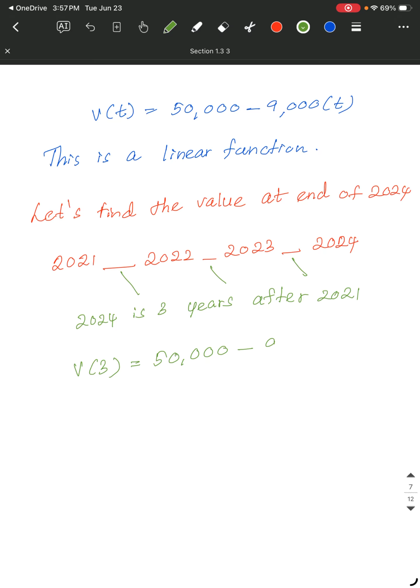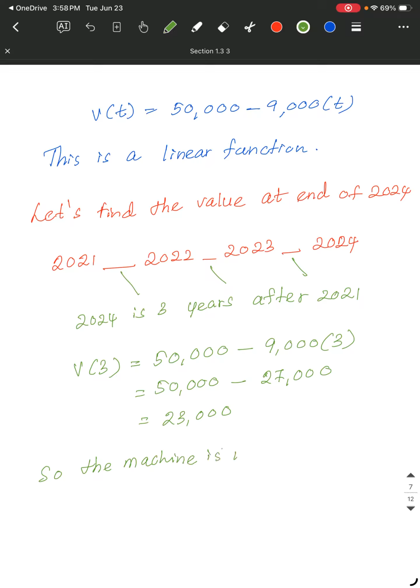50,000 minus 9,000 times t, with t equals 3. 50,000 minus 27,000. So the answer is 23,000. That means the machine is worth $23,000 at the end of year 2024.